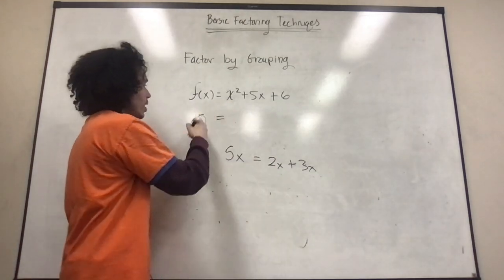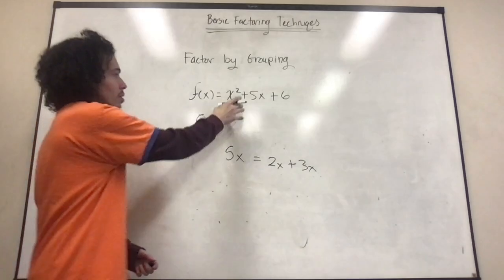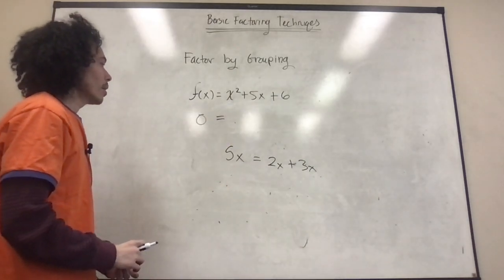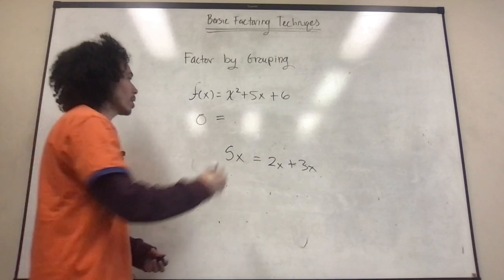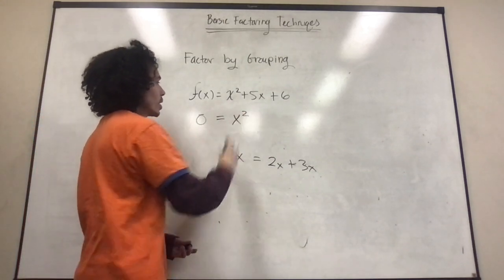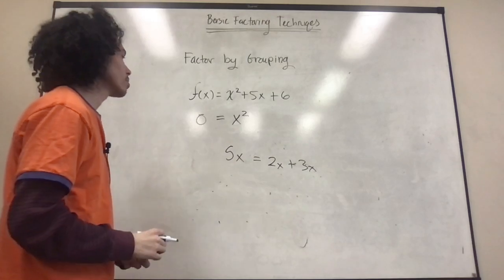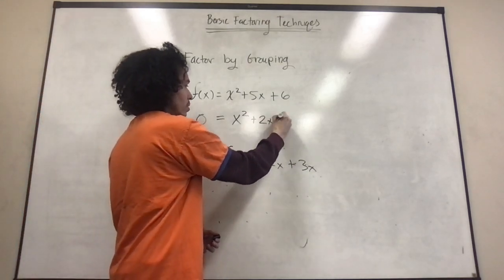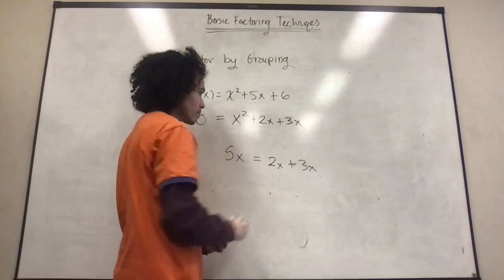So we set the entire thing to 0 because this is a quadratic equation, and rewrite the x to the power of 2. We bring up this plus 2x plus 3x.